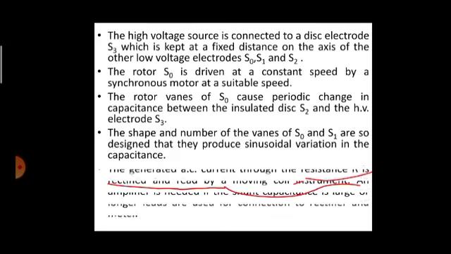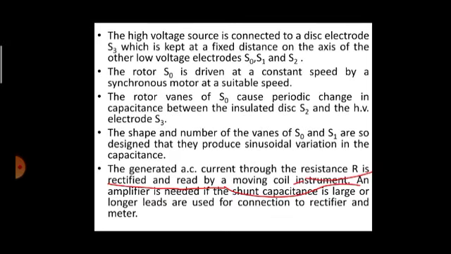An amplifier is needed if the shunt capacitance is large or longer leads are used for connection to the rectifier and the meter.